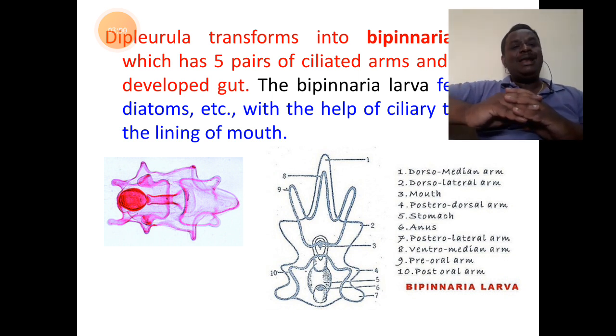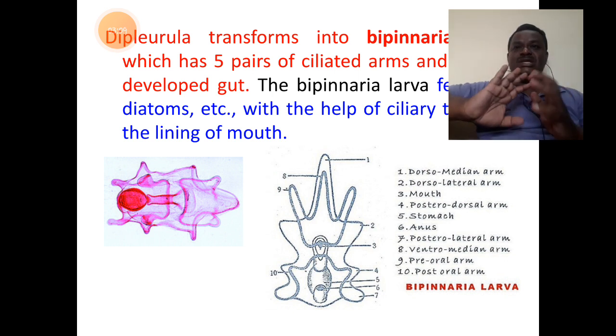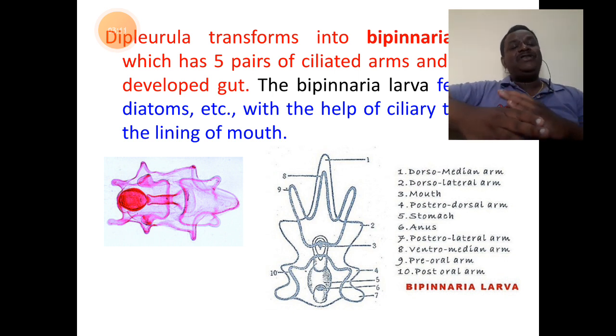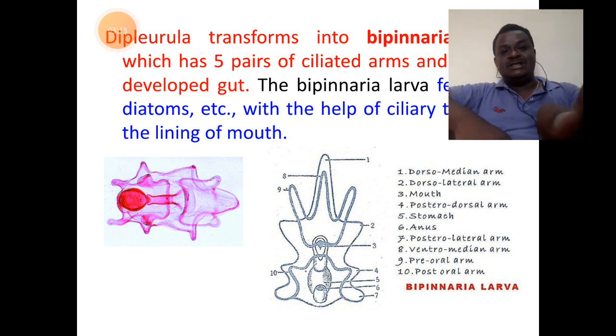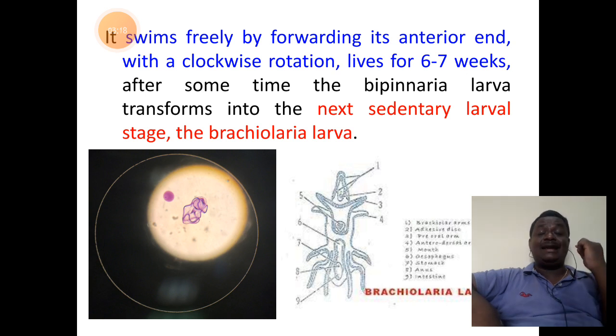Now, the Bipinnaria larva will feed on the microscopic planktons present in the water, including the diatoms. So, it is a voracious feeder. Now, after the Bipinnaria larval stage, the third larval stage that the organism enters is called Brachiolaria larva.